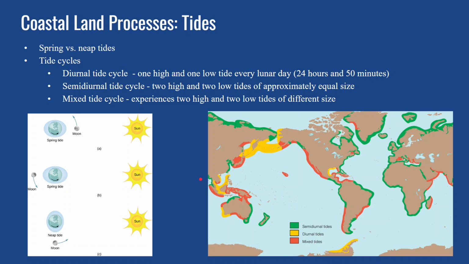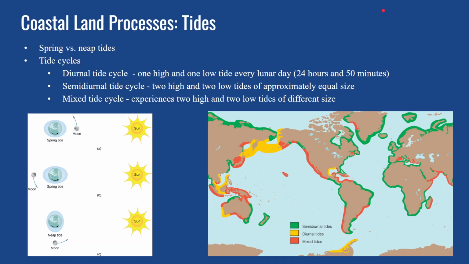So as the Earth rotates under that gravitational bulge of water from the moon, it'll interact. There are 2 gravitational bulges, not one. So most parts of the Earth will experience 2 tides every lunar day. And a lunar day is 24 hours and 50 minutes long.